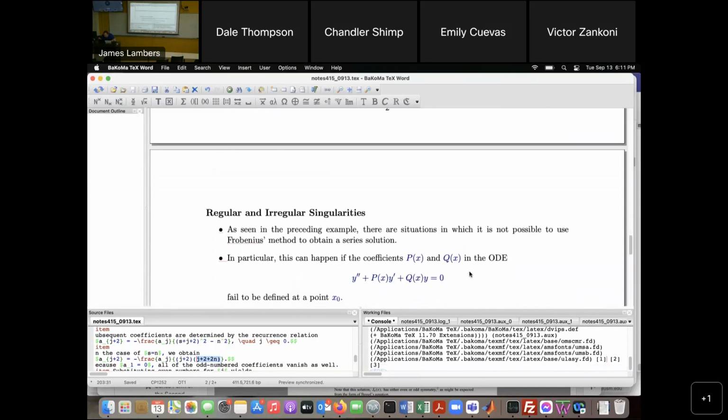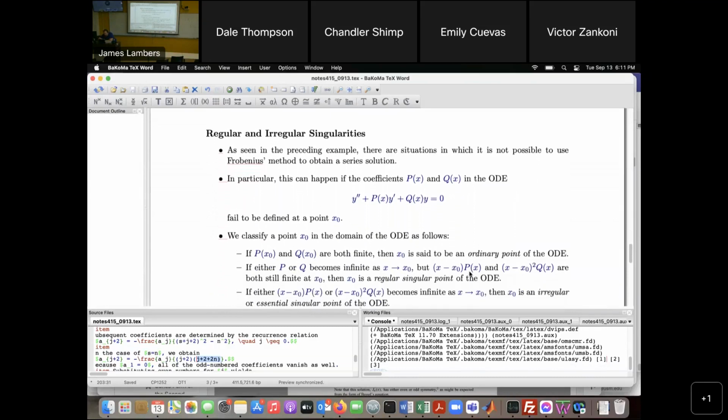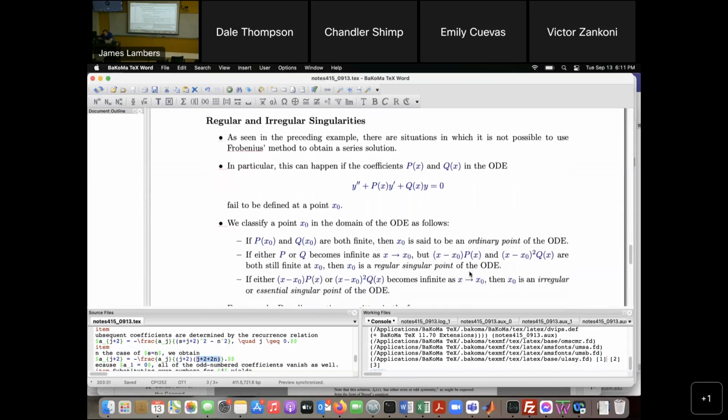So more about that. When can we use Frobenius' method? We know when it's going to work, because we've just seen an example of where it will fail. It depends on how the coefficients in your ODE, p of x and q of x, behave. What if they're not defined at a certain point? So there are three kinds of points that we can have.